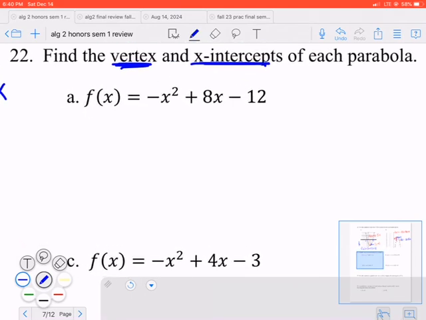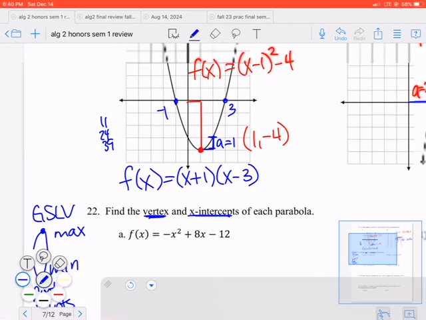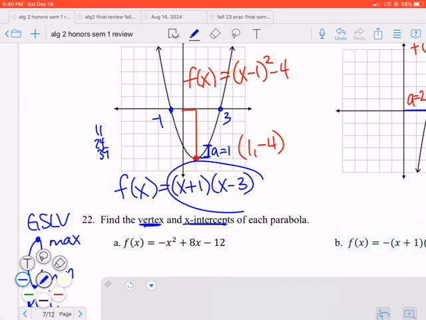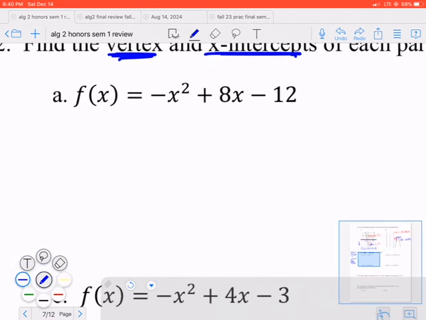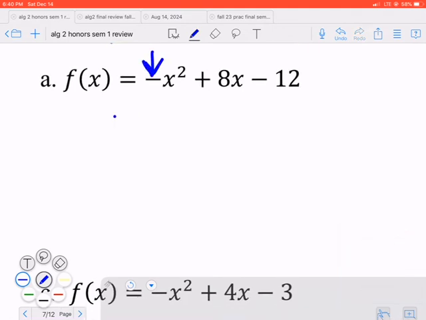Find the vertex and the x-intercepts of each. Okay, so the x-intercepts, I find the x-intercepts by putting it in factored form. That's what factored form does. And when the front is negative, you don't ever want to try to factor with that. So what we do is we just factor the negative out.